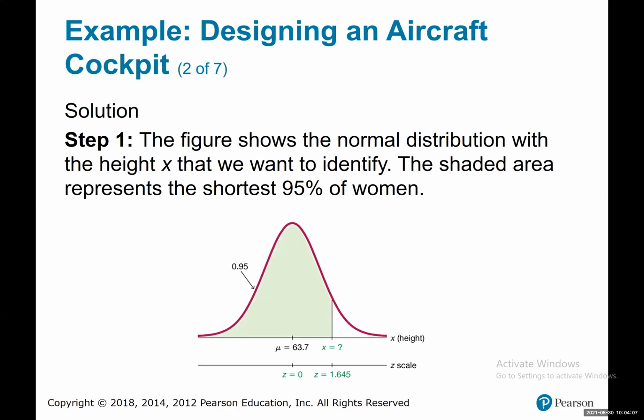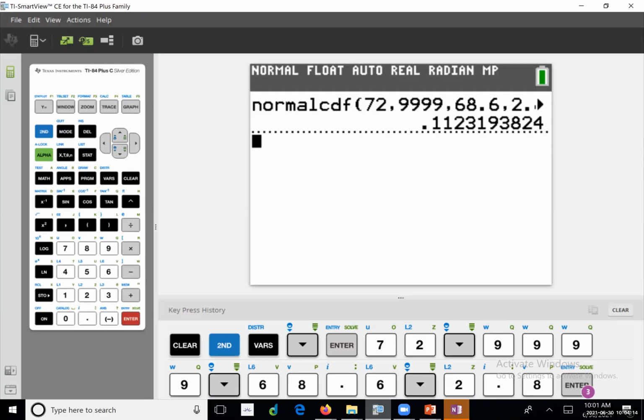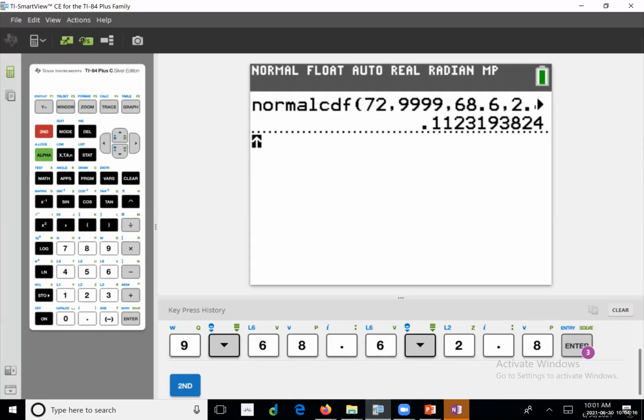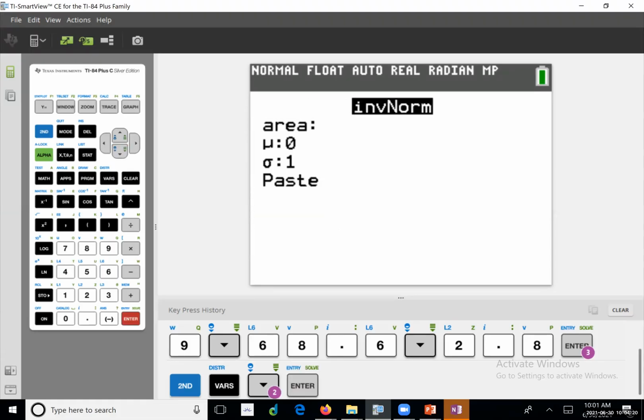Let me use my calculator as well. Second vars, inverse norm. Always you put area of lower, 0.95. Mu, was it 63.7?